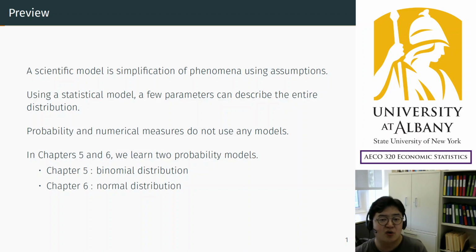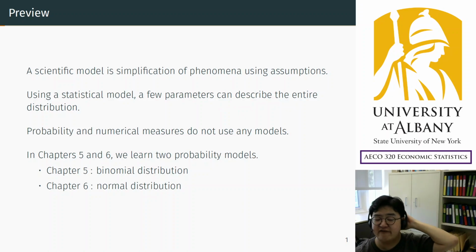We are going to call that parameters. So under a model, under a set of assumptions, we can describe the entire distribution with just a few numbers, the parameters. That is what we are going to do.